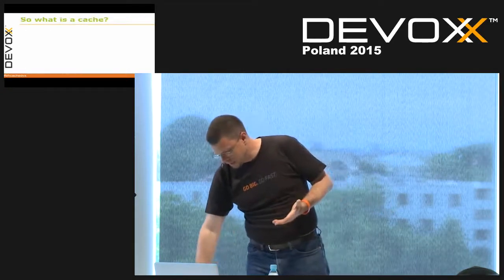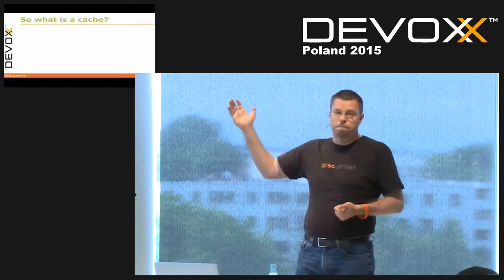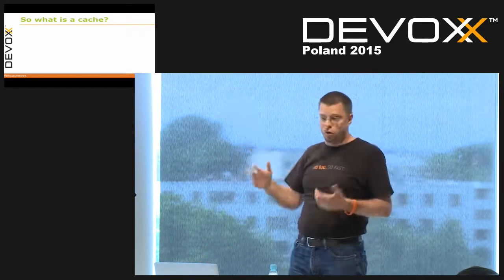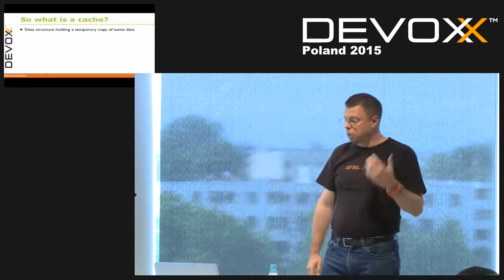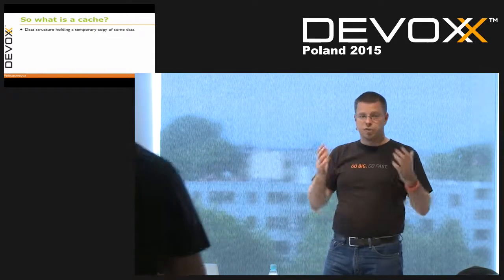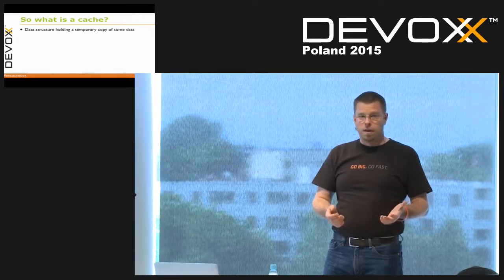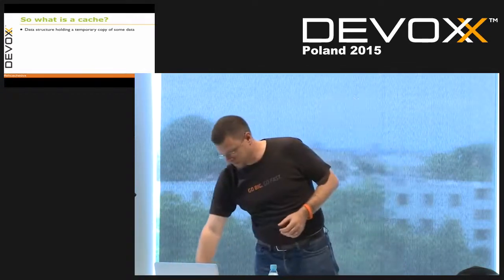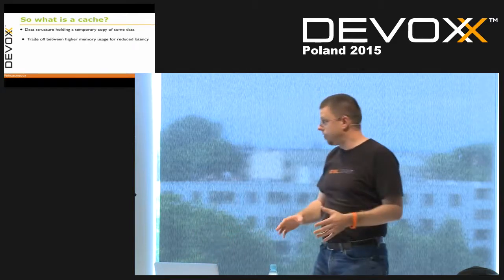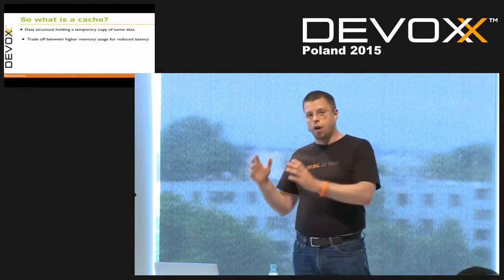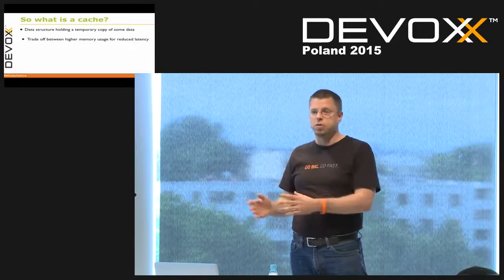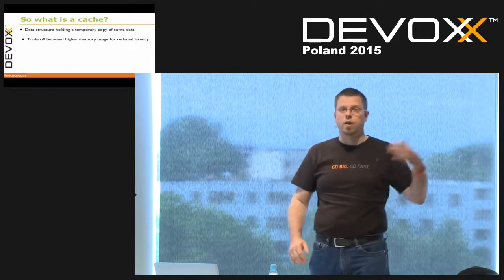And so in that context, what's a cache? Actually, the L1, L2, and other stuff were already caches. And so a cache is a data structure that holds a temporary copy of some data. And the temporary is important. It's a trade-off between higher memory usage for your application in order to benefit from reduced latency. You don't have to fetch the data across the network.